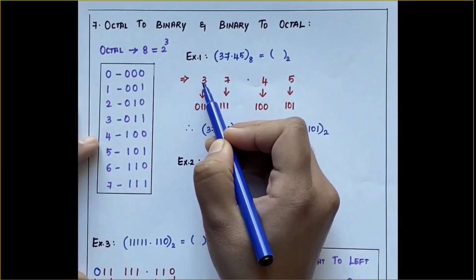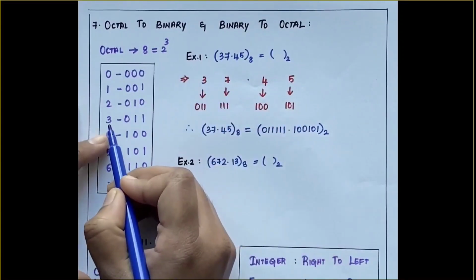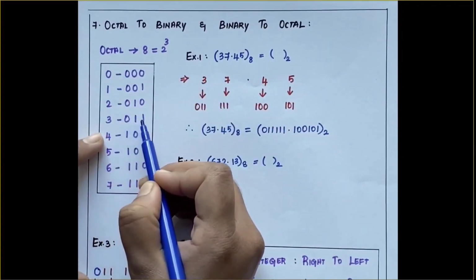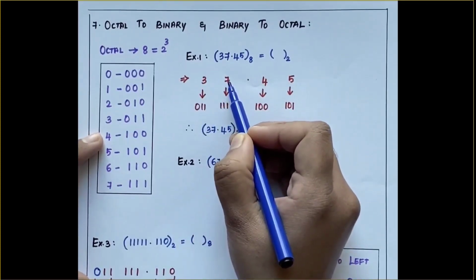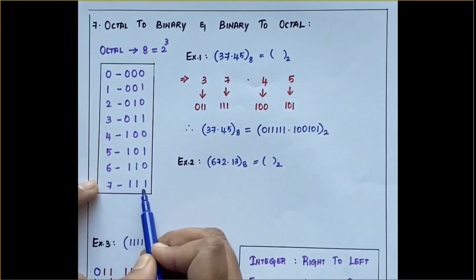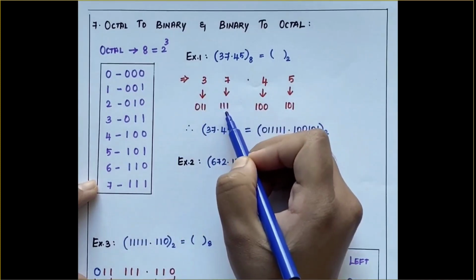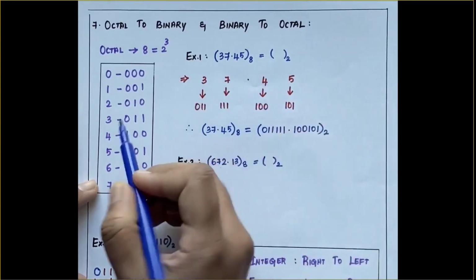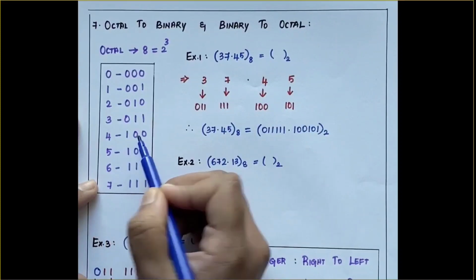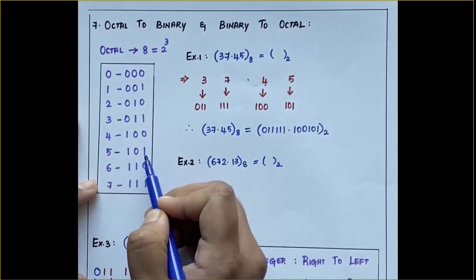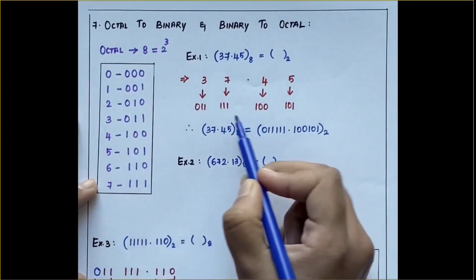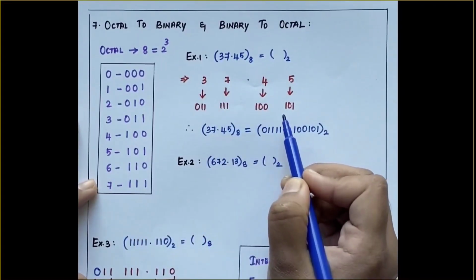For 3, the equivalent representation from the table is 011. So we can write it over here. Next for 7, the equivalent representation is 111. So it is written over here. Next for the fraction part, 4 is 100. Next for 5, it is 101. So from the table, we have simply picked up the values and written over here.